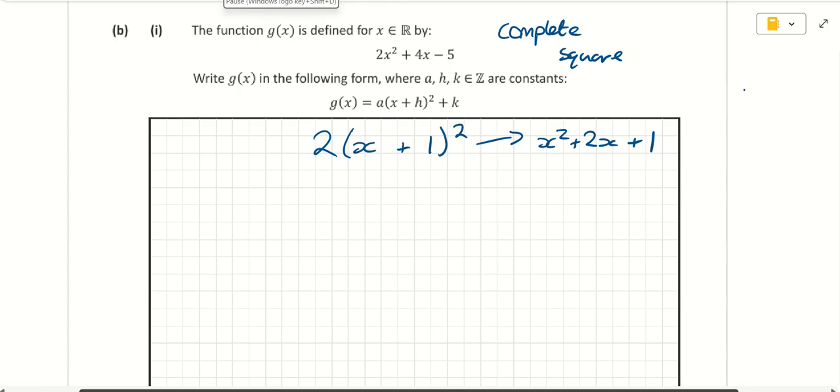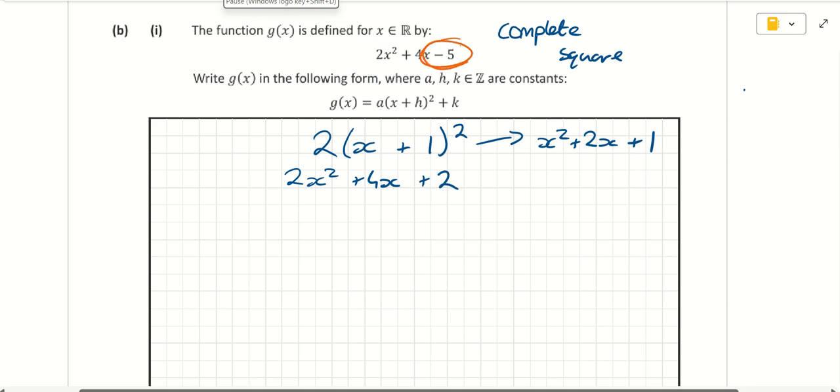Okay, so it's not 2 by this, it's 2 by the whole thing multiplied. It's not 2 by x and 2 by 1. You have to square it out first. So that will multiply to give us 2x squared plus 4x. So that's good. It's the same as up there. It's 4x and then plus 2.